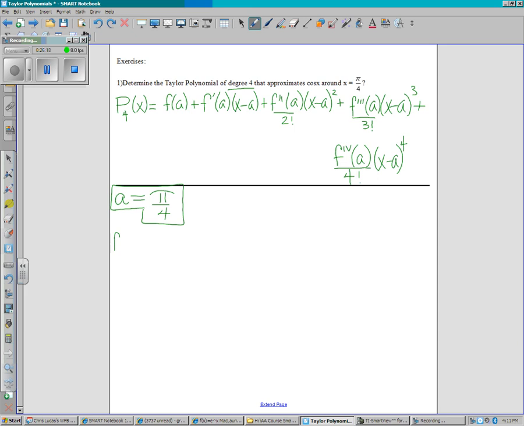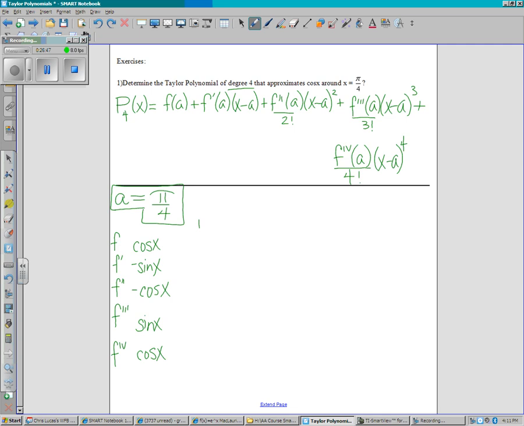So f is cosine of x, f prime is negative sine of x, f double prime is negative cosine of x, f triple prime is back to sine of x, and the fourth derivative is cosine of x.